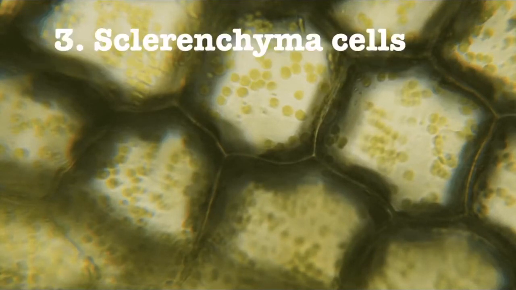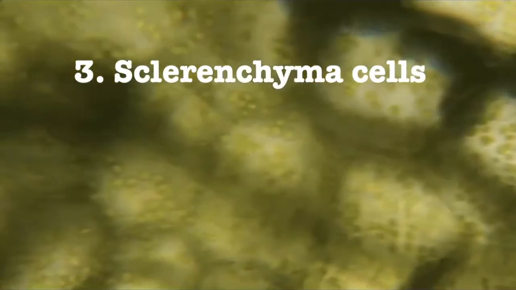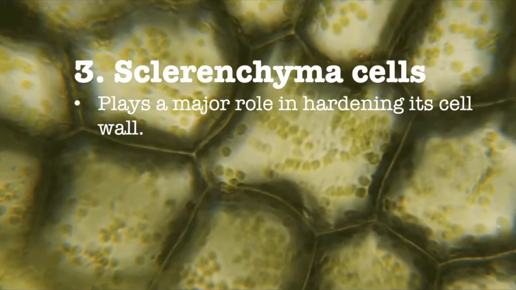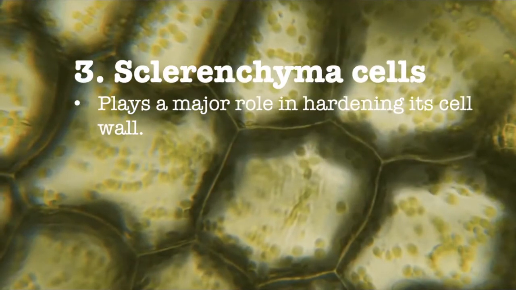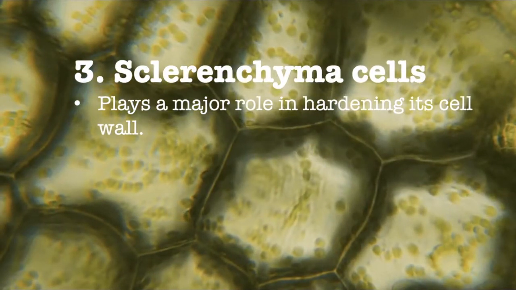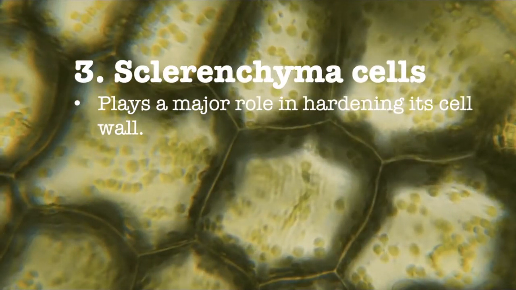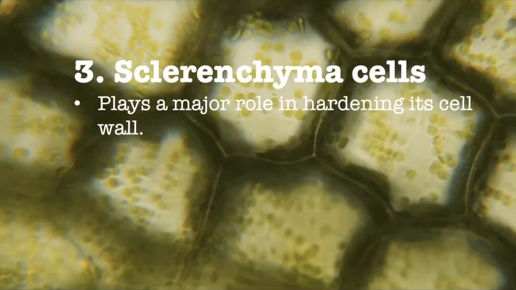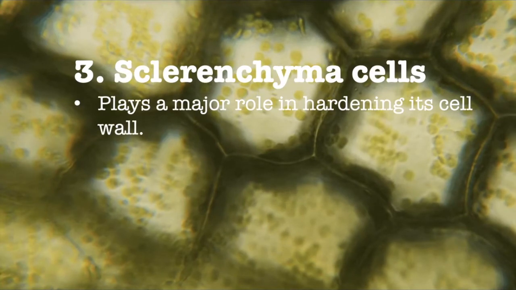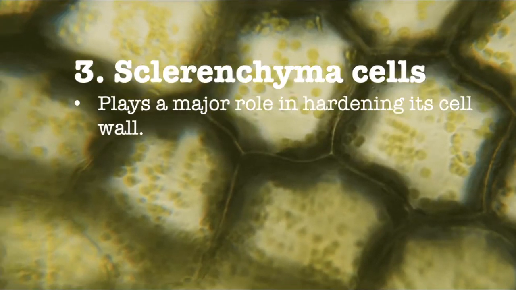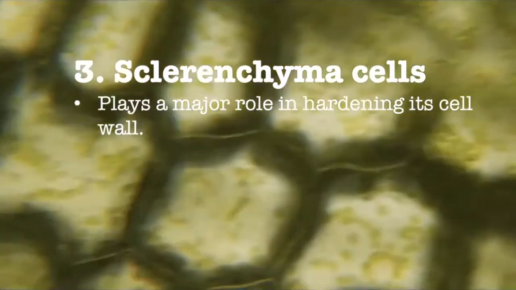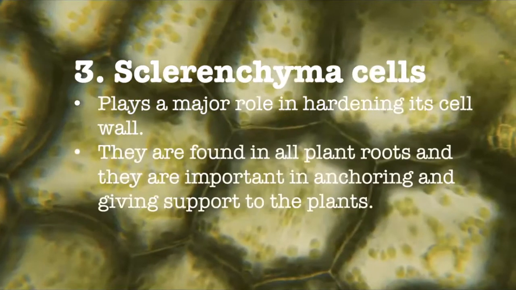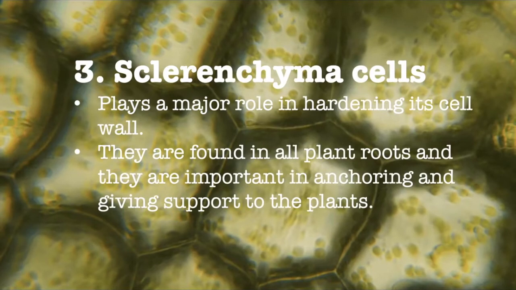The third type of plant cell is sclerenchyma. These are cells that have an agent in the cell wall that plays a major role in hardening its cell wall.